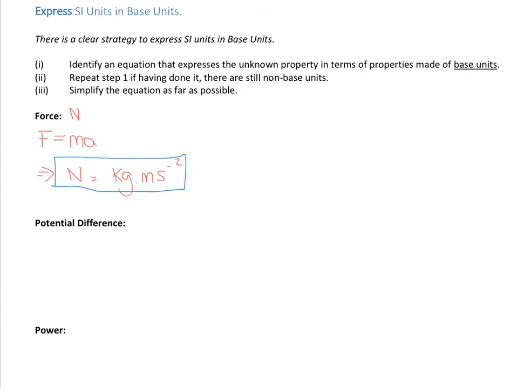Okay, so potential difference we want to express in base units. We know that one has the unit of volts, and an equation you'll come across later on is that 1 volt is 1 joule per coulomb, so it's energy divided by the charge.